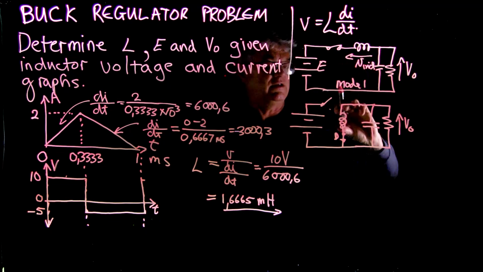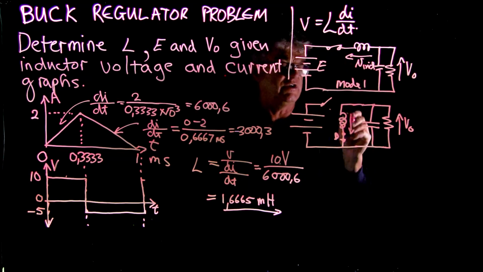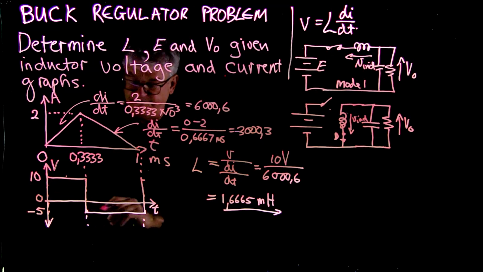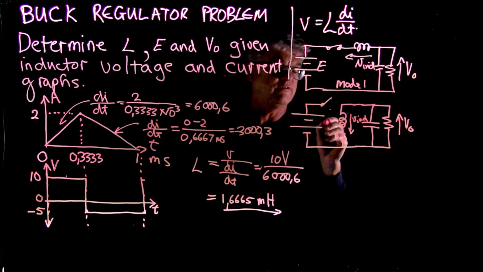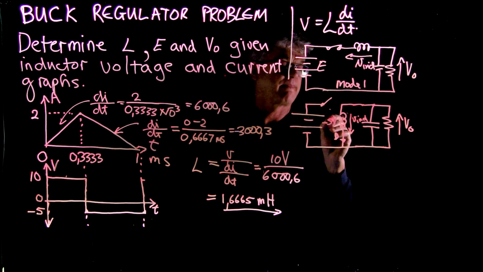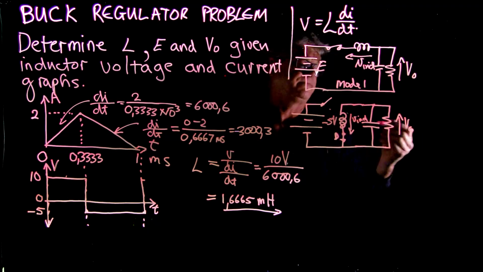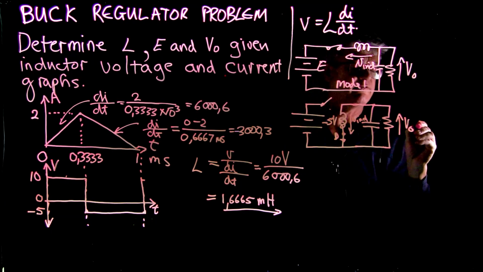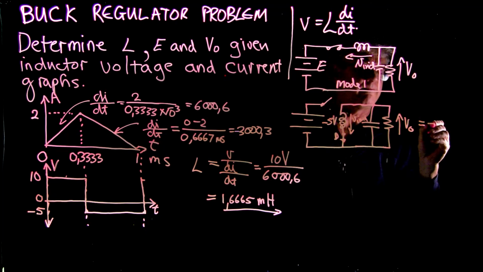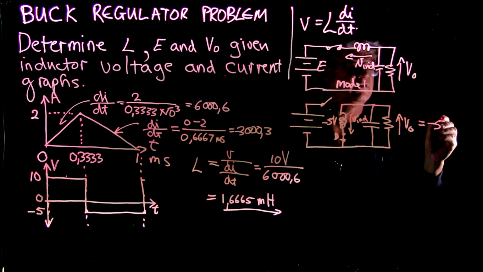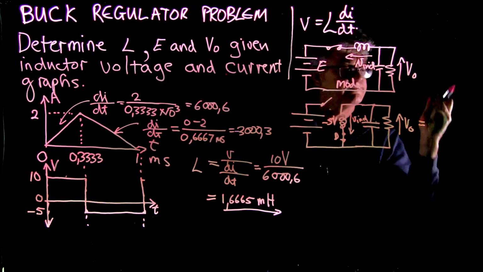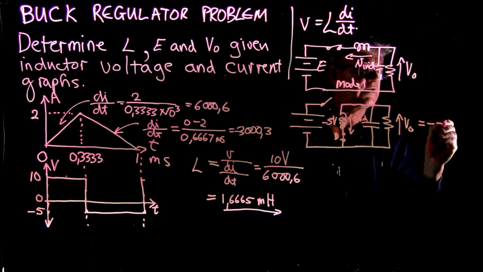Now the indication of inductor voltage cannot change, so this stays V inductor, the direction. But during this time, we see that the inductor voltage is minus 5 volts. And since this arrow is pointing down and that arrow is pointing up, it means that V out is equal to minus minus 5 volt.